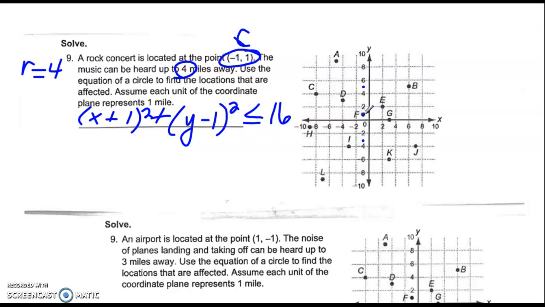And then I'm going 4 to the right, and then 4 to the left. 1, 2, 3, 4. So I have that circle. Oh, Lordy, let's see how well I can draw that. That's not very good. Okay, so my circle is not super great.